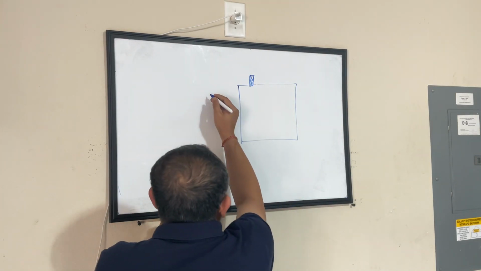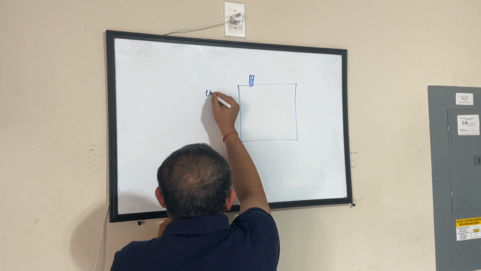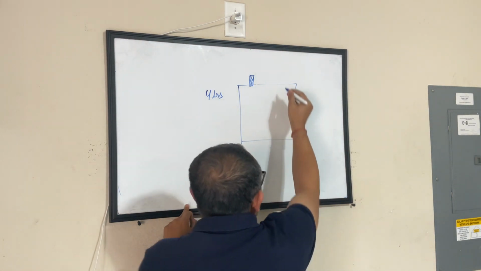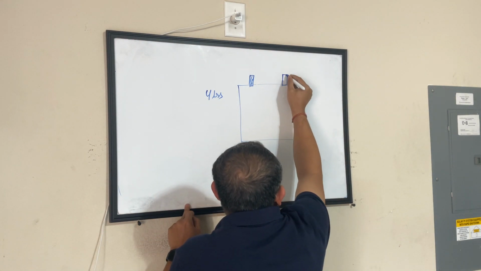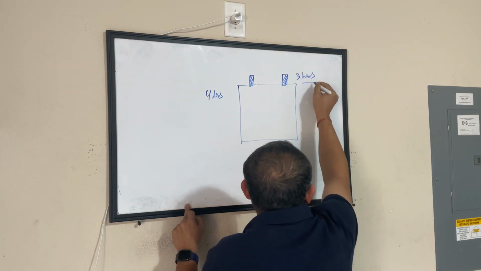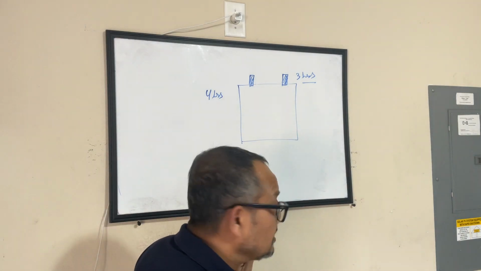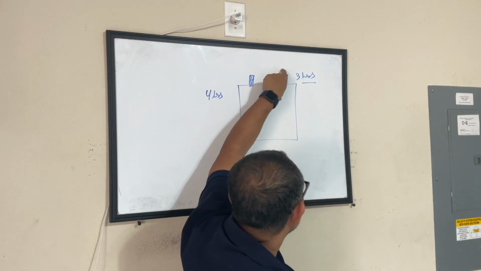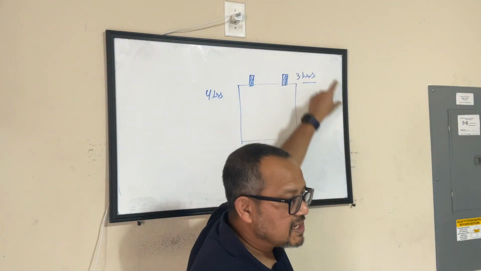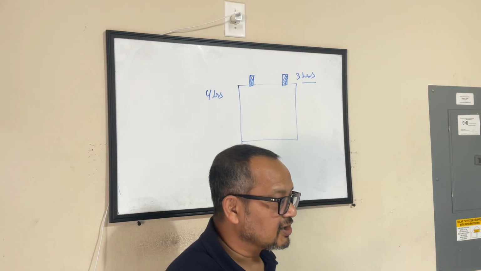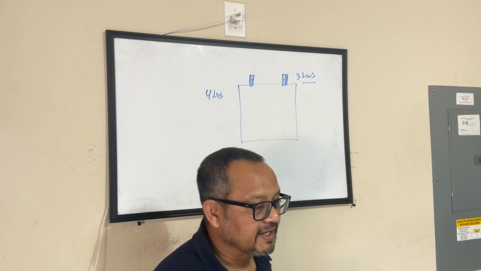This tap can fill the tank in 4 hours. I have another tap that can fill the tank in 3 hours. If I switch on both the taps, how long will it take to fill the tank?